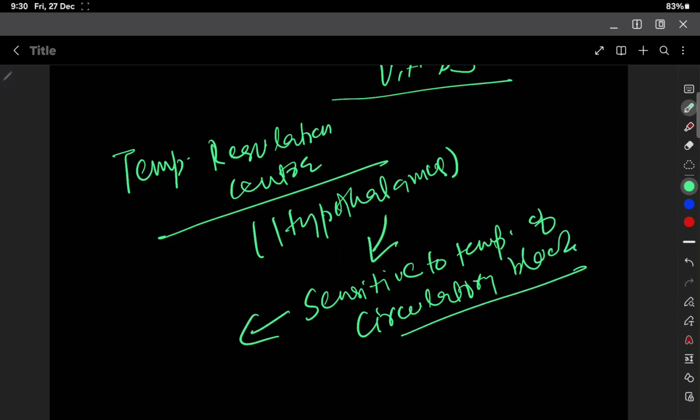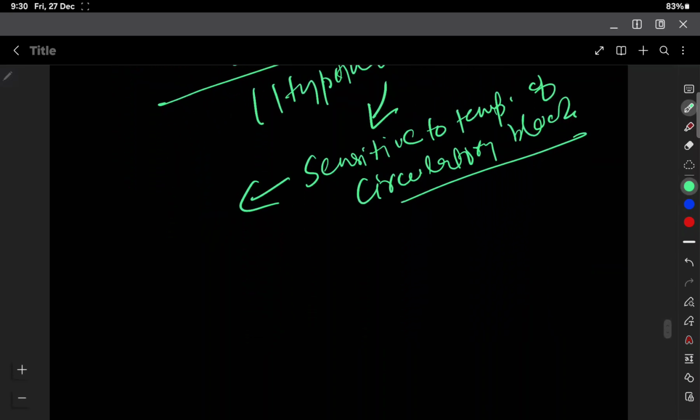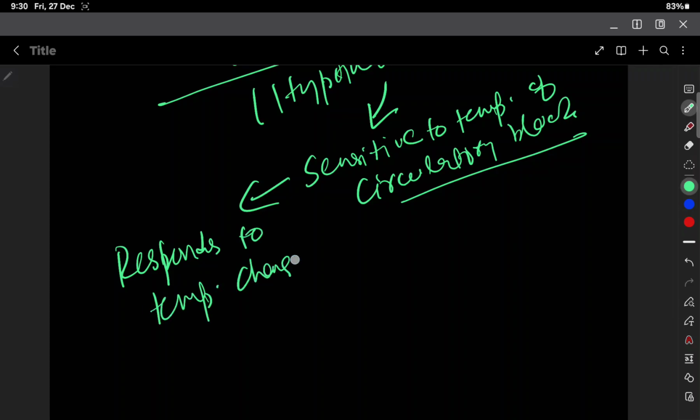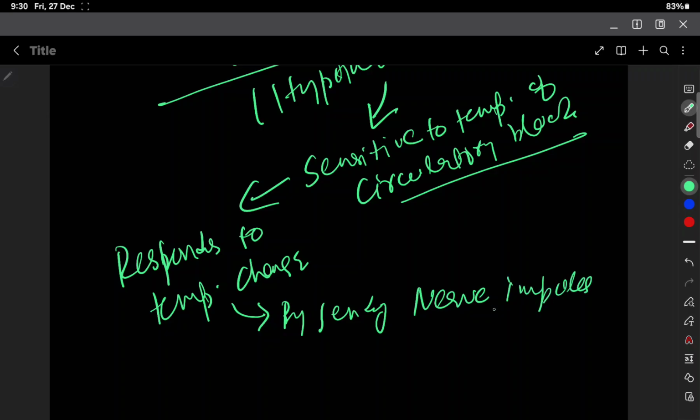It responds to temperature change by sending nerve impulses to the arterioles in the dermis.